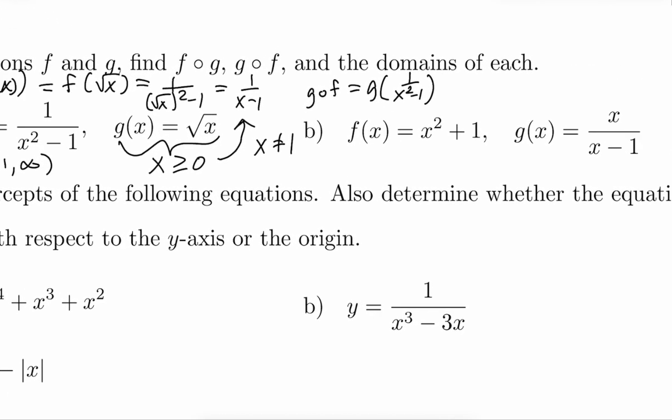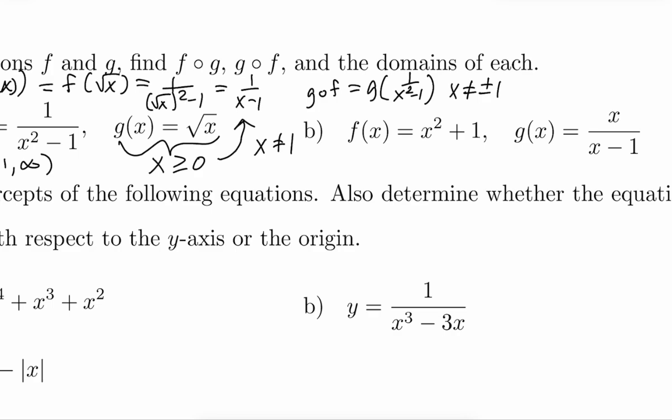Now, what's our inner function? Well, that's 1 over x squared minus 1. What values mess up 1 over x squared minus 1? Where are our discontinuities? At 1 and negative 1. So we know that x is not allowed to equal plus or minus 1 right off the bat.